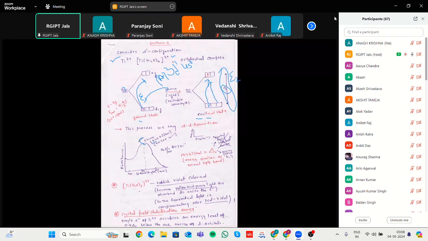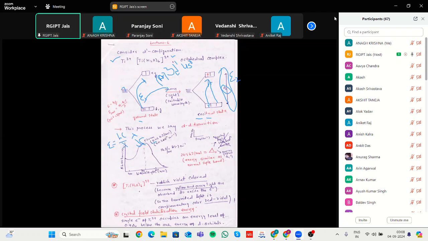If it absorbs light, it absorbs light of some wavelength. E is equal to hc by lambda.